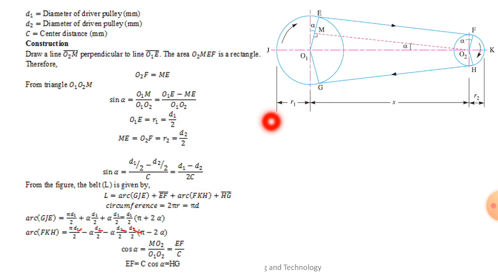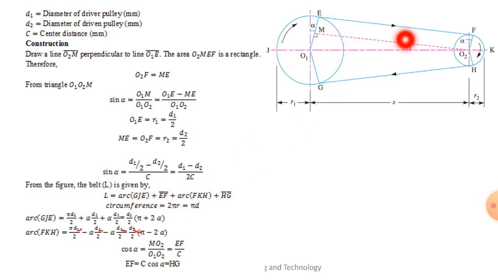Now we have to find out the length of the belt. In the figure, the length of the belt is nothing but, you have to consider the arc length. It will start from G, J, E. So this arc length, the belt is wrapped here. That is from G, J, E. That is arc length, not a straight length.